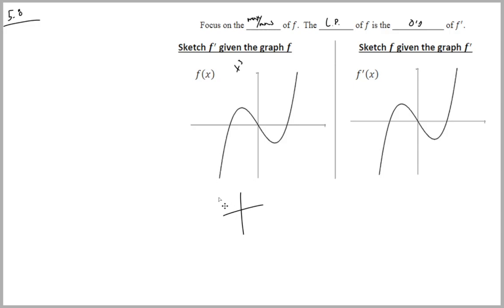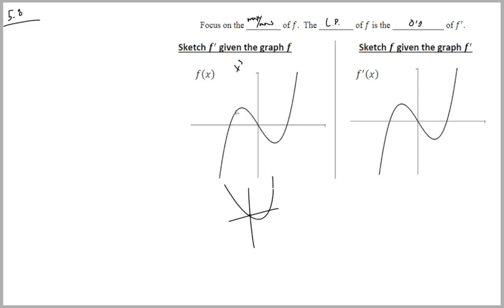It would start positive, go down to 0, be negative for a while, and then go back up. So really, it would look kind of like this. The derivative would start positive over here, on top. Then at a point here, it goes to 0.